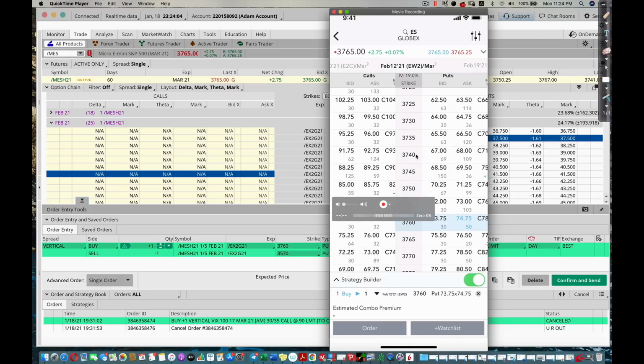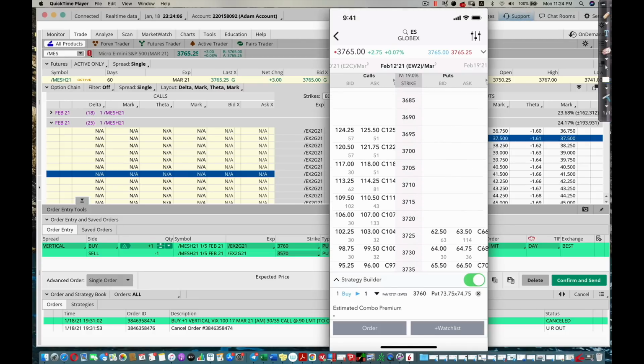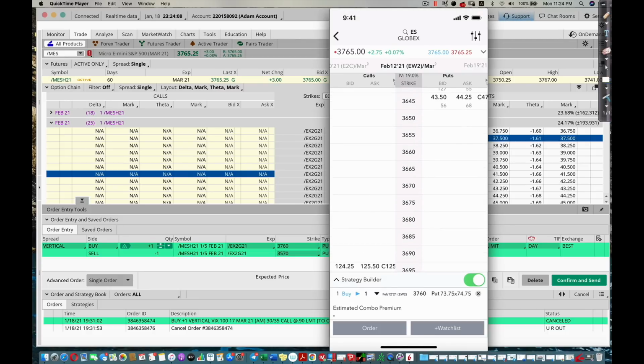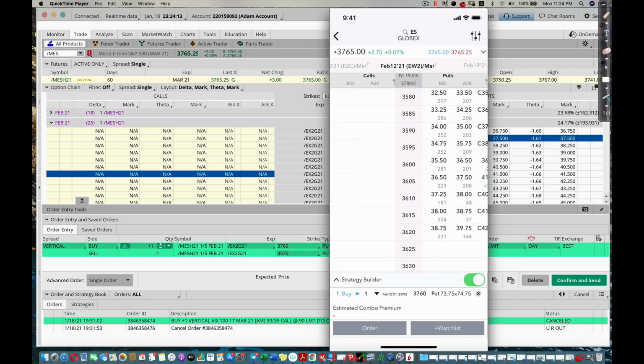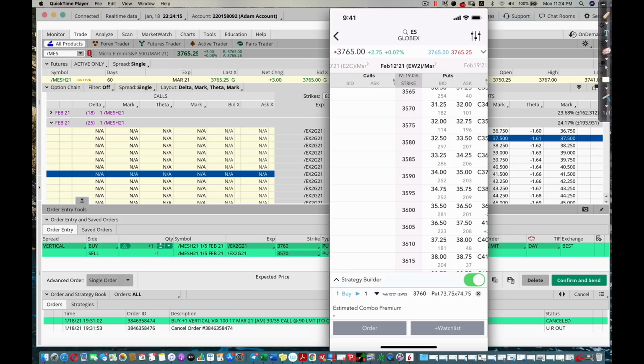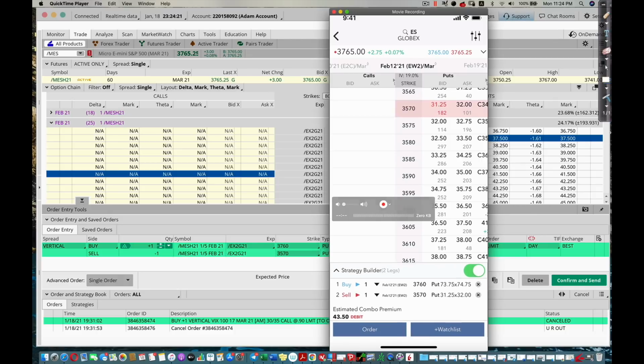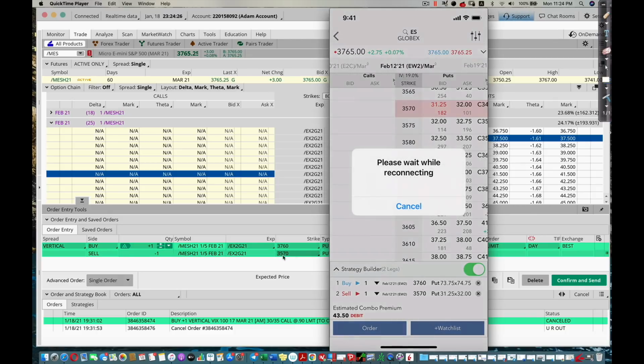So let's scroll down to look for 3570. Yep, there we are, 3570. So we click bid to sell. So there we are, buy 3760, sell 3570.